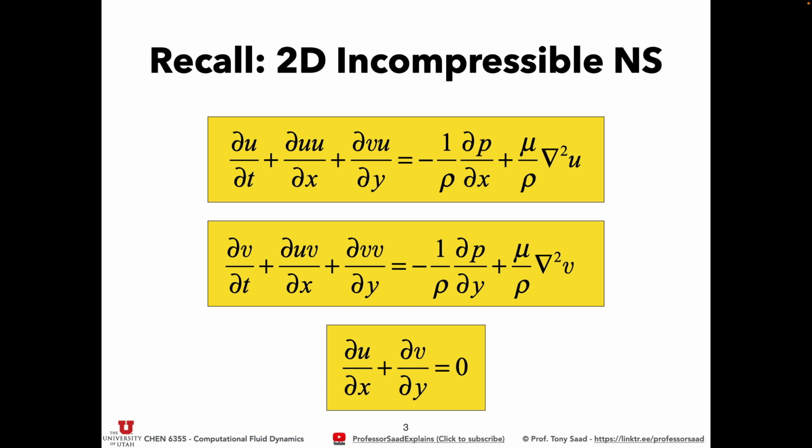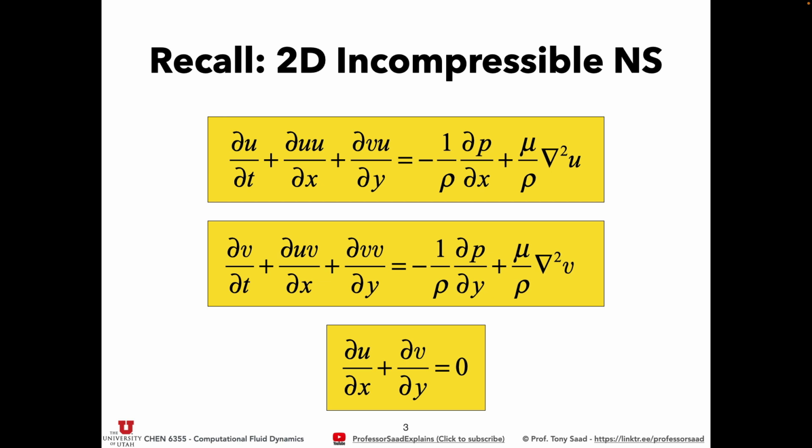If we look at the equations in 2 dimensions, I'm writing them in conservation form. If you recall, go back to the 2nd lecture to see how we derive the equations. There are multiple forms you see of these equations. Sometimes you might see u du by dx plus v du by dy, and u dv by dx and v dv by dy. That form, you might see it in the literature.